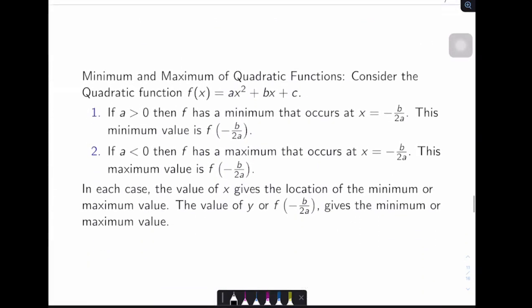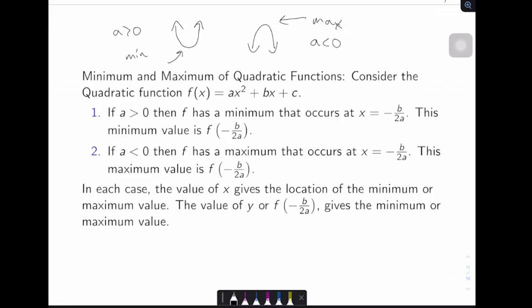All right, maximum and minimum. Our vertex is our turnaround point. If we have a parabola pointing upwards, we have a minimum at the bottom. The arrows keep going up forever, so there is no maximum. It goes on to infinity. If we have an upside down parabola, we have a max. One happens when your a is positive, and the other happens when your a is negative.